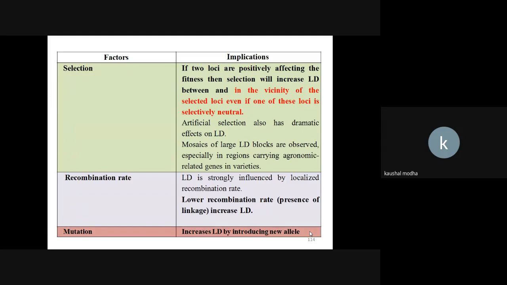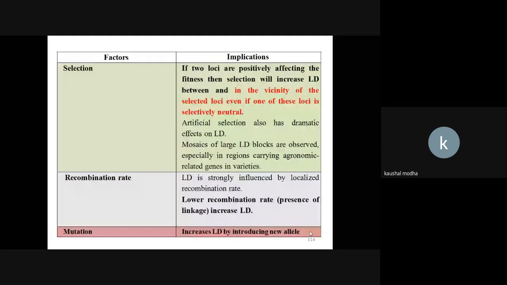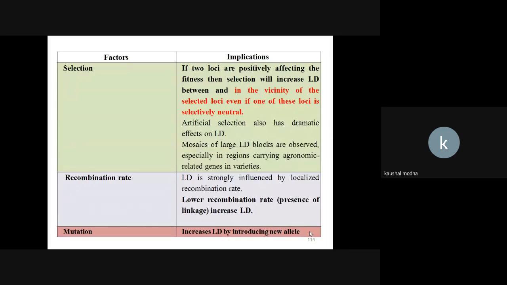And if you select a particular locus contributing to fitness, the loci surrounding it will show association or LD with that selected locus, even if these neighboring loci are selectively neutral and not part of the gene. That is advantageous because we can utilize that selectively neutral polymorphism as a marker for that particular locus.